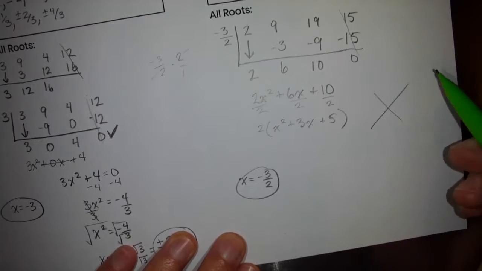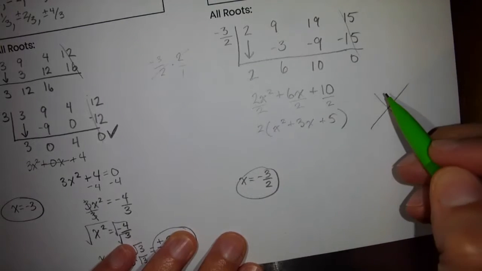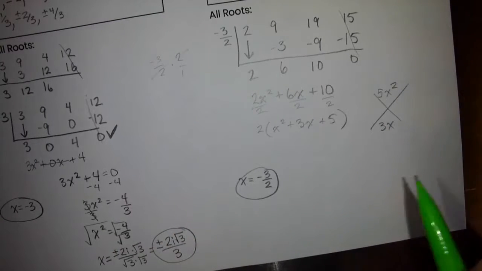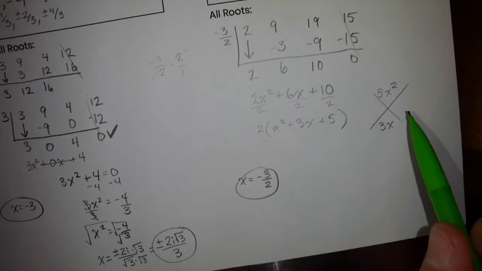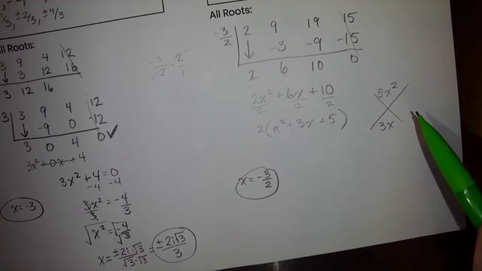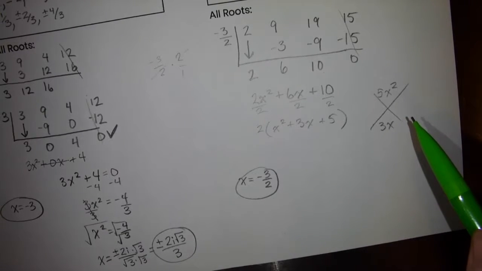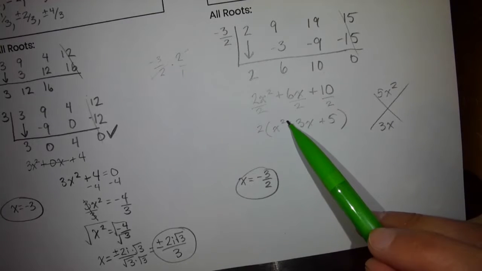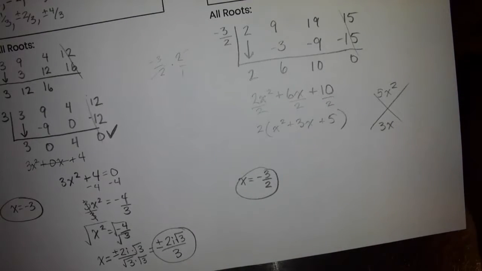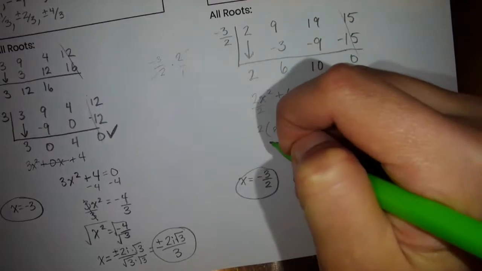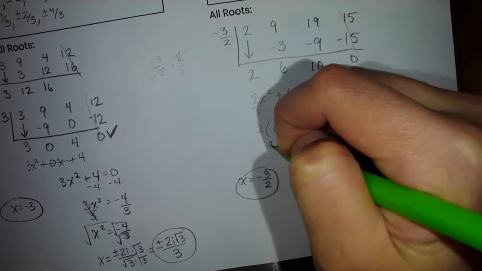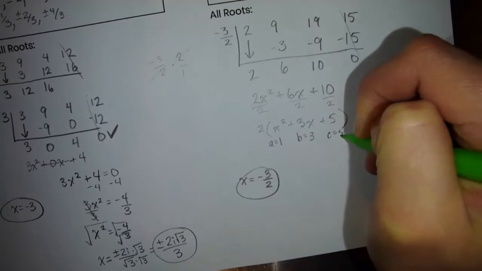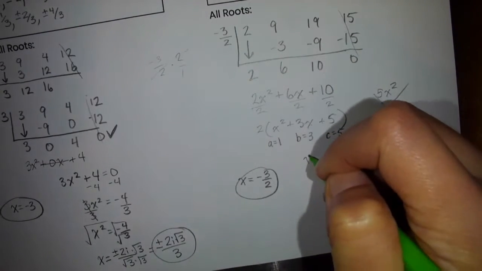And then I have 3 terms, so generally I would do the a times c. But when I think of factors of 5 that would add up to 3, there aren't any. There's only 1 and 5 for factors of 5, and none of them will add up to 3. So when your highest exponent is 2, that means we'll have to use the quadratic formula to find our roots. So here our a value is 1, b is 3, c is 5, and we plug it into the formula.